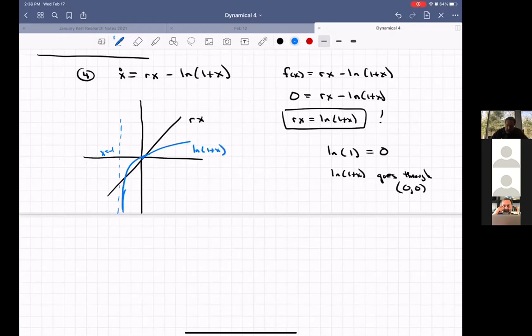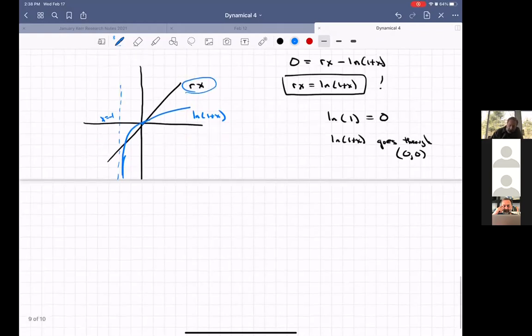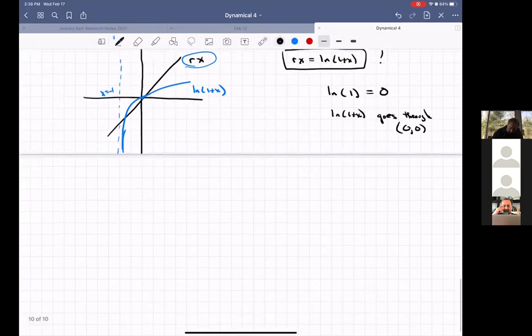Right? So as I change the line, what I can play with is the slope of this line. There's some value of r. So the blue curve stays the same always, right? The blue curve always does that.